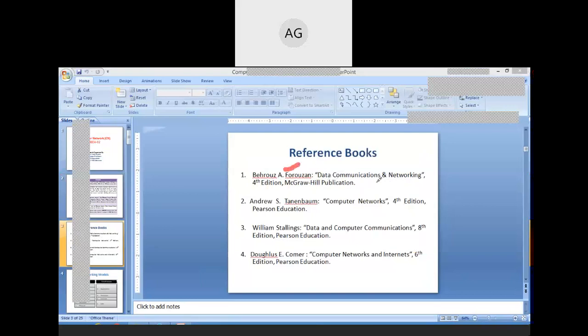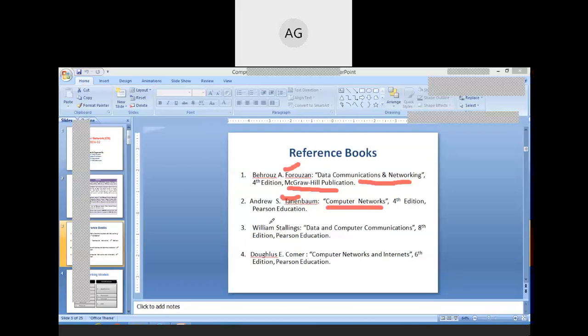The name of the book is Data Communication and Networking, and it belongs to the McGraw Hill publication. The second book is known as the Bible of Computer Networking, written by the author Andrew S. Tanenbaum, and its name is Computer Networks. You can take any edition from the fourth edition onwards.